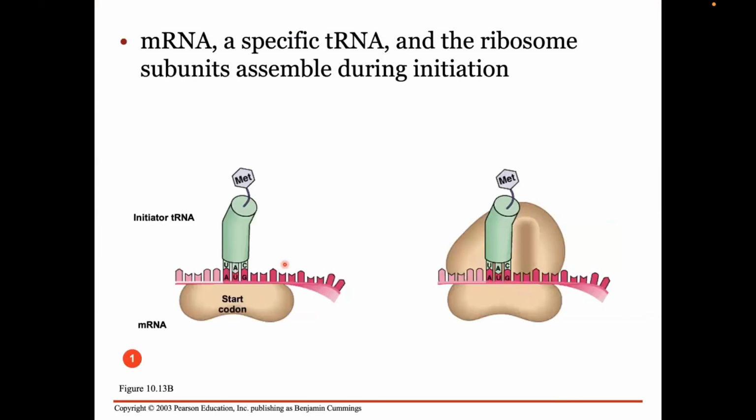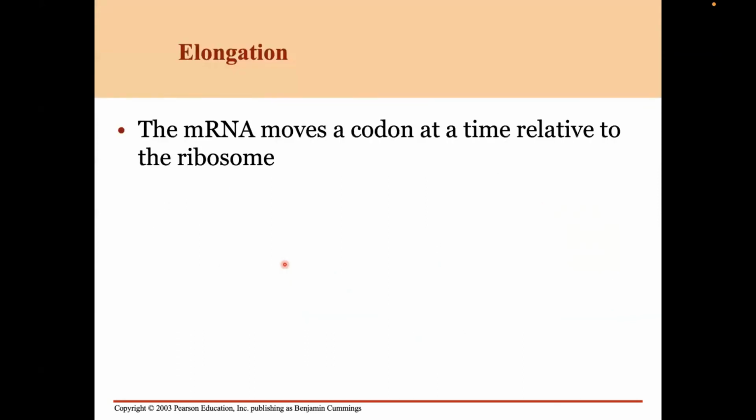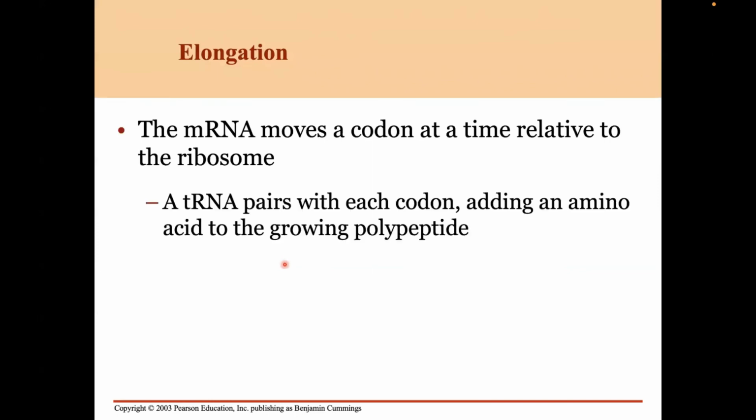And then the mRNA, a specific tRNA, and the ribosome subunits assemble during your initiation. So meron pa rin tayong tinatawag na elongation. The mRNA moves a codon at a time relative to the ribosome, and a tRNA pairs with each codon, adding an amino acid to the growing polypeptide.